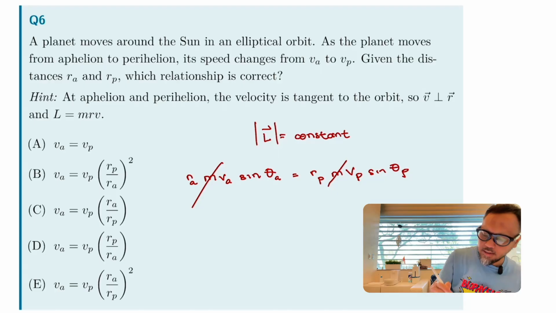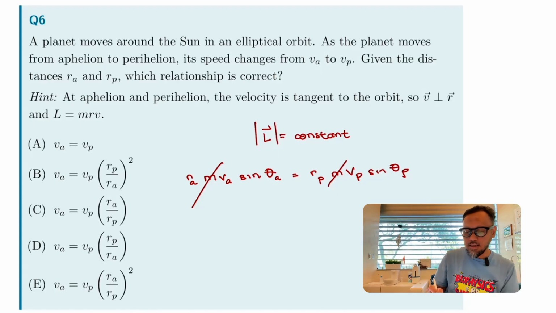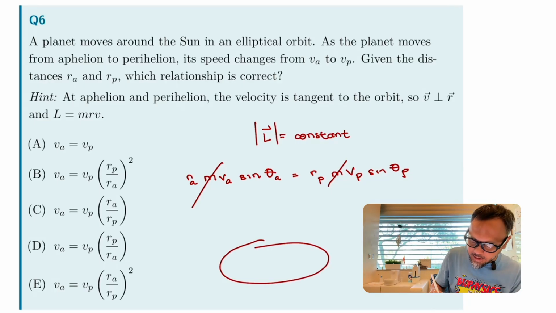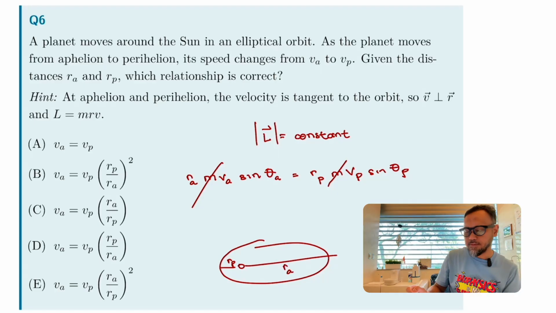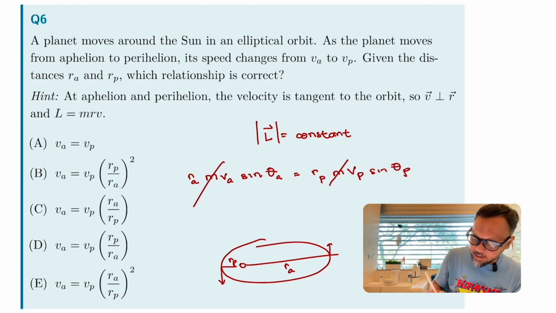So M cancels. If this is an elliptical orbit and this is the planet, the lever arm is here. This is RP. This is RA. One thing that you notice is that the speed at this point is perpendicular. So this one is theta A, this is theta P. Theta A is equal to 90 degrees, theta P is equal to 90 degrees.